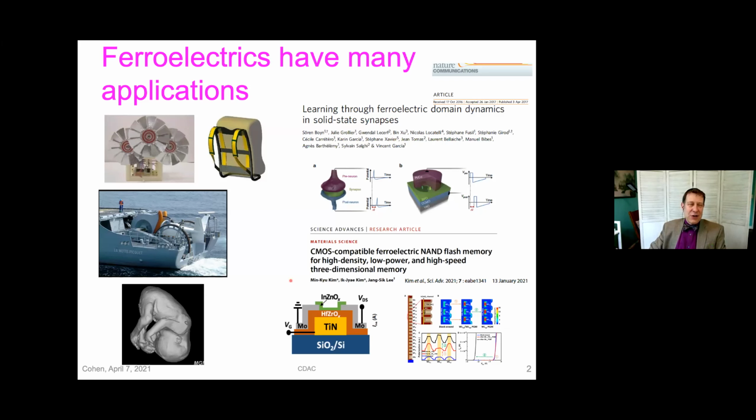First, in terms of conventional applications of ferroelectrics, you have everything from sonar and ultrasound. We know you can do very high resolution ultrasound and sonar with transducer materials based on ferroelectrics, and that's been the bread and butter of the ferroelectrics field for many decades.